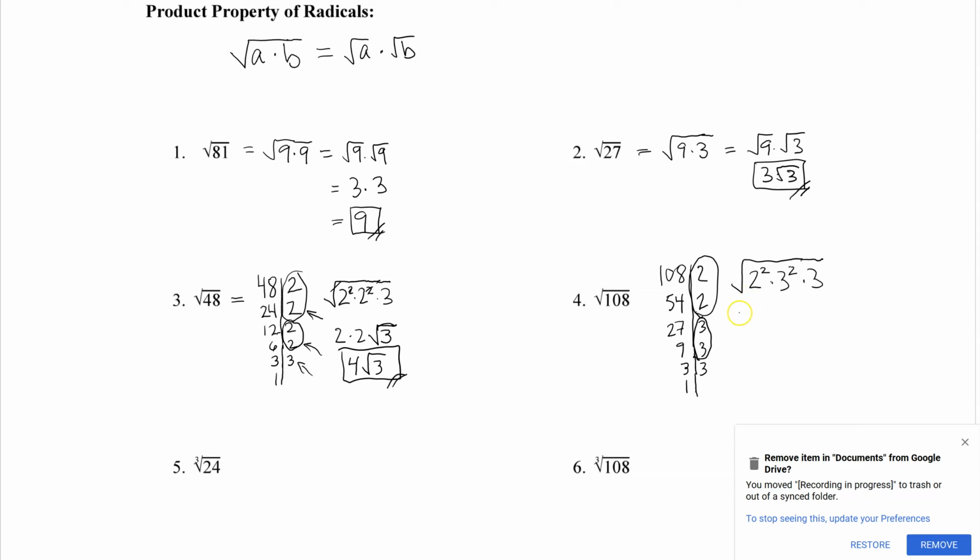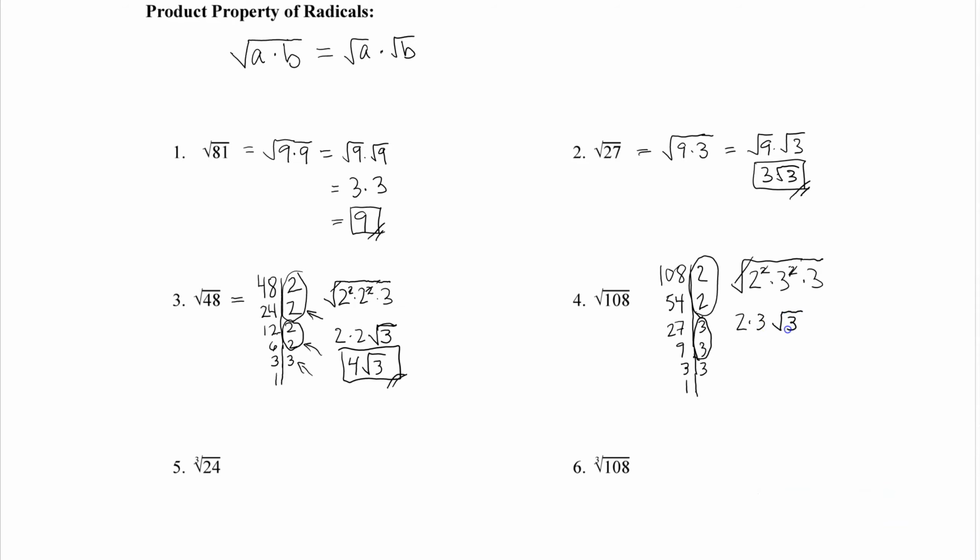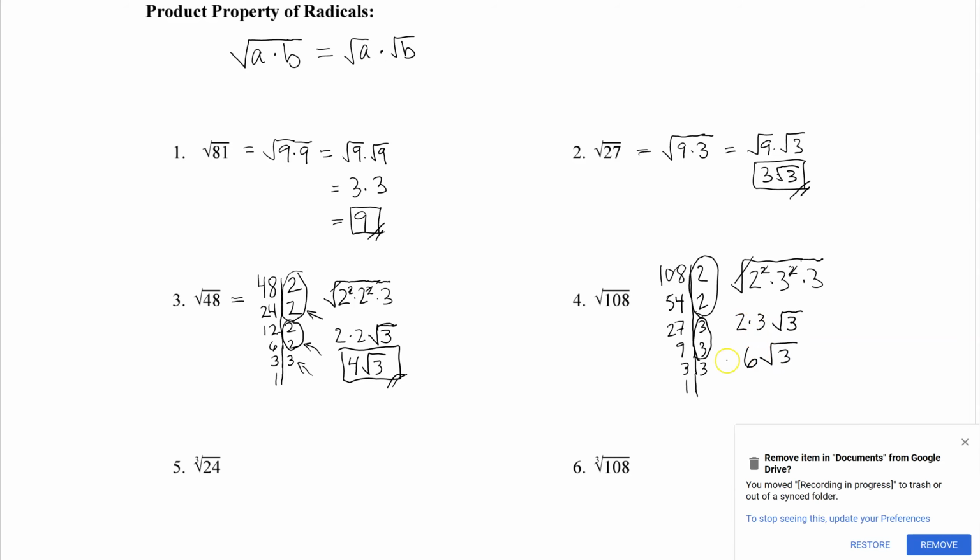We cancel the square root in the 2, and it'd give us 3. And then we'd have the other 3 that's left behind under the radical still. 2 times 3 is 6. So we have 6 square root of 3. And that'd be your answer.